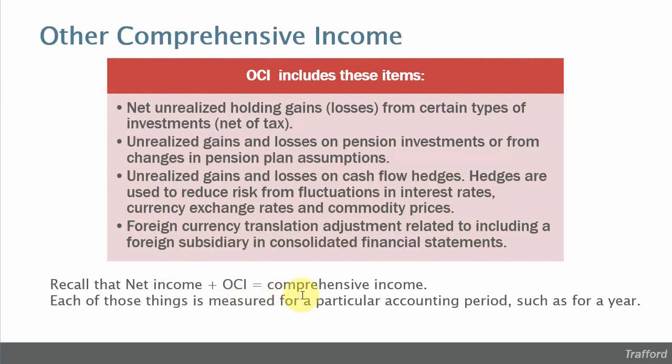And comprehensive income would be $505,000 for that company. So as you see noted at the bottom here, realize that each of these things we're talking about here, net income, other comprehensive income, and comprehensive income, these are all items that are being measured for one particular accounting period, such as for a single year.